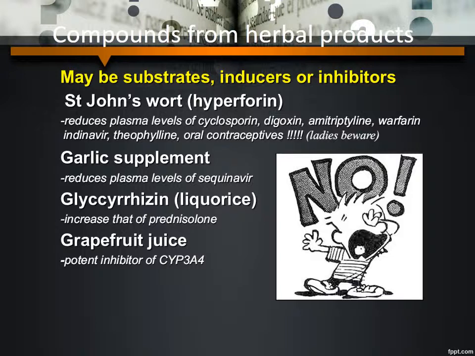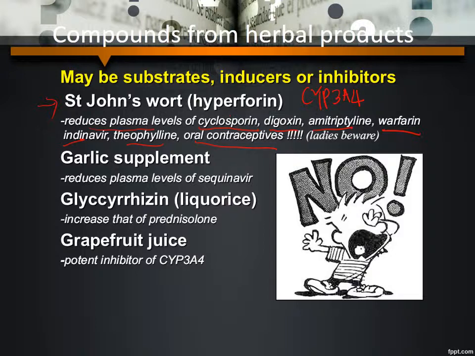So compounds from herbal drugs may be substrates. For example, as I said just now, St. John's wort reduces the plasma concentration of cyclosporine because it induces CYP3A4, so you have less active cyclosporine, as well as digoxin, amitriptyline, warfarin, indinavir, theophylline, and oral contraceptives.